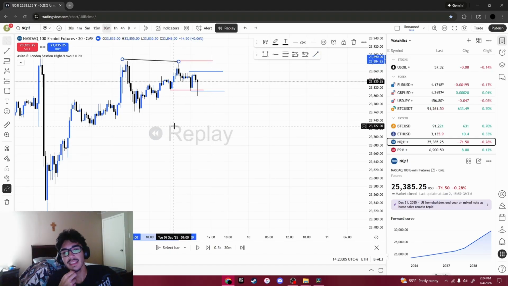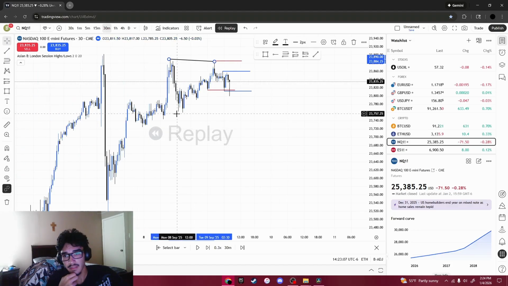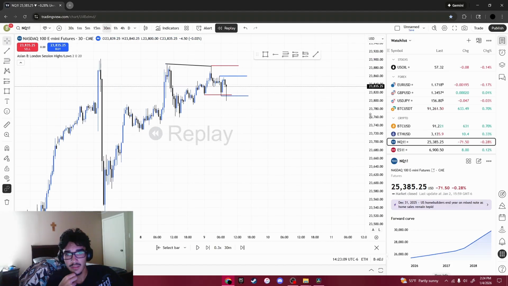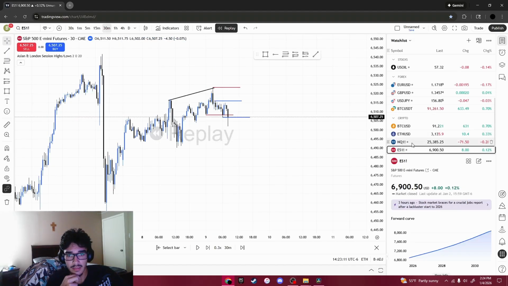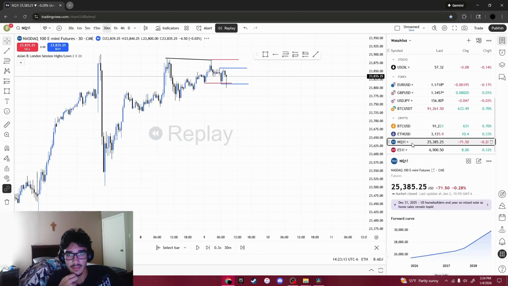I just spotted this bearish SMT divergence, so we gotta keep a lookout for that. NASDAQ does have these lows nicely stacked up though.